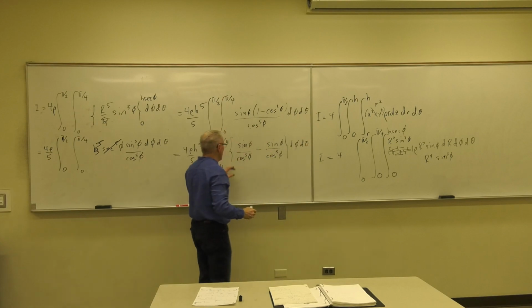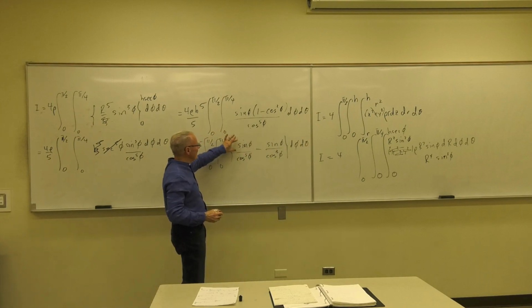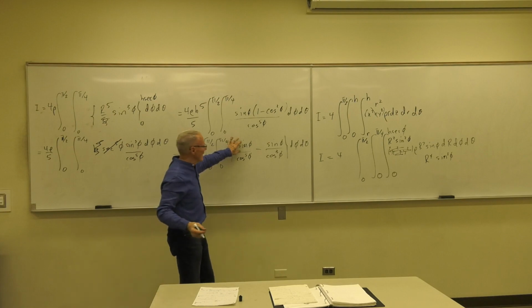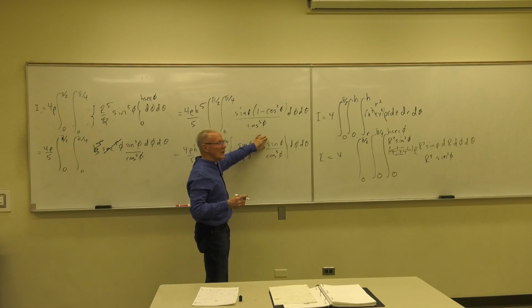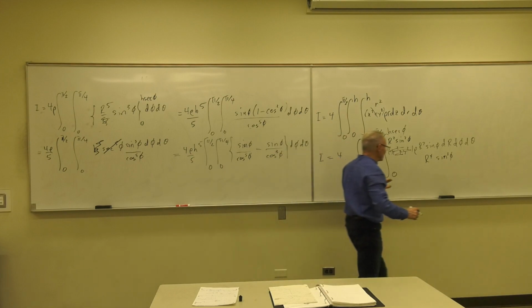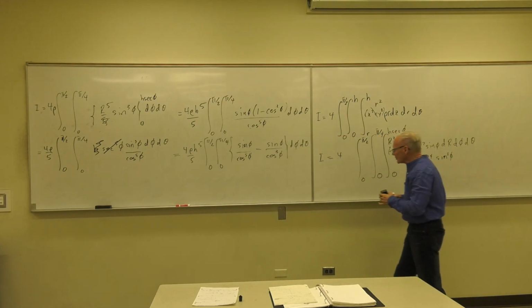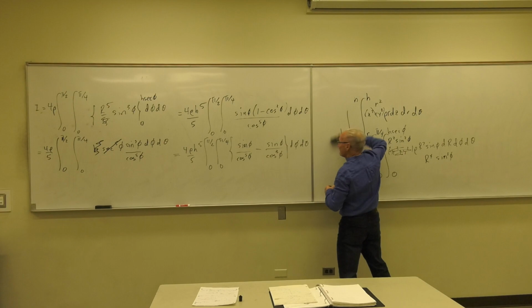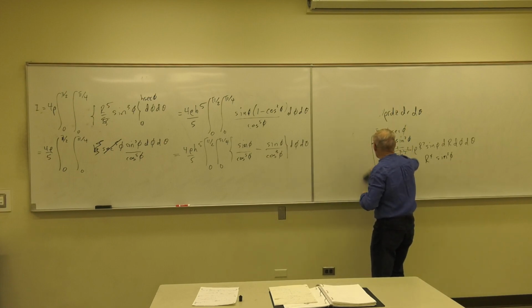And what have I got? A power of cos, one sine left over. A power of cos, one sine left over. Those are mentally integrable. So let me do those integrals.